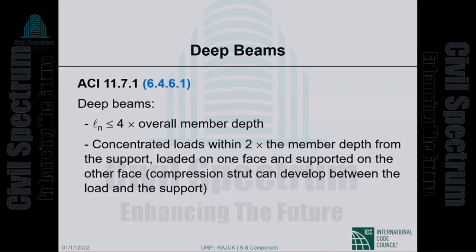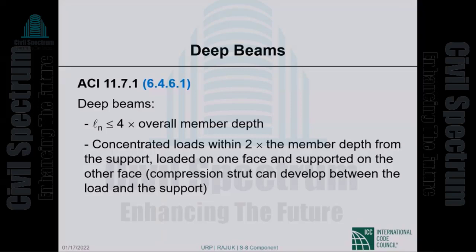So these definitions are 318-08, BNBC 2020 definitions. A deep beam has clear span less than or equal to 4 times the overall depth of the member. Okay. Less than or equal to 4. So the span to depth ratio is 4 or less. Clear span to total depth ratio is 4 or less.